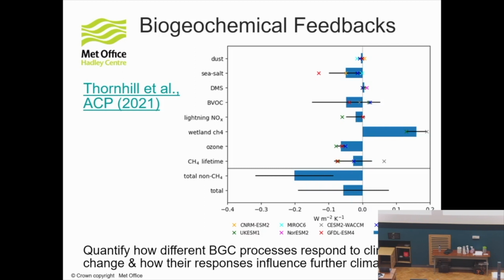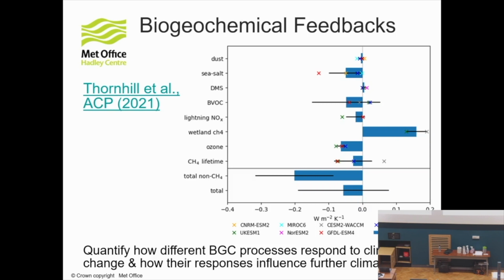And does that change in those Earth system components then give rise to an additional change in radiative forcing? So it's about quantifying how different biogeochemical processes respond to climate change and how those responses themselves influence further climate change. Anything to the right of this zero line is what we refer to as a positive feedback.